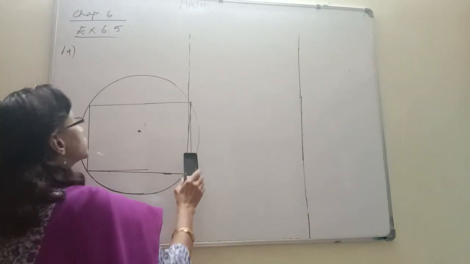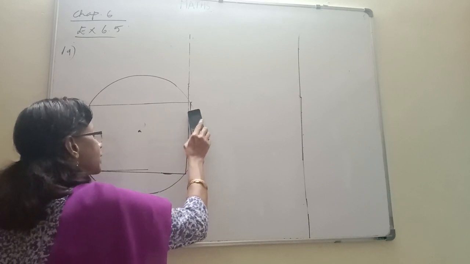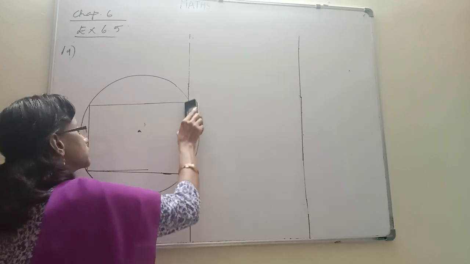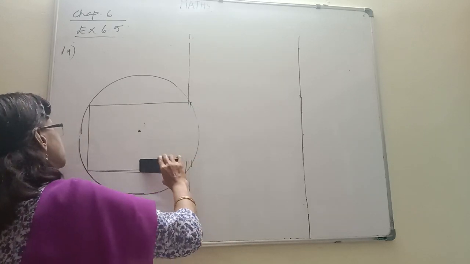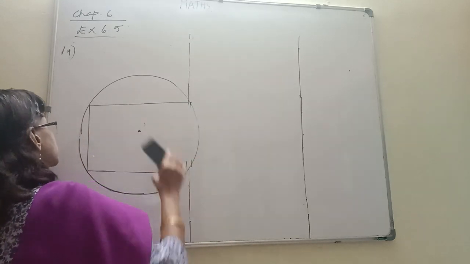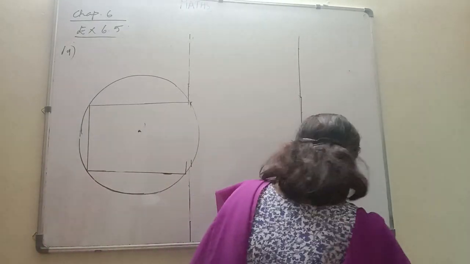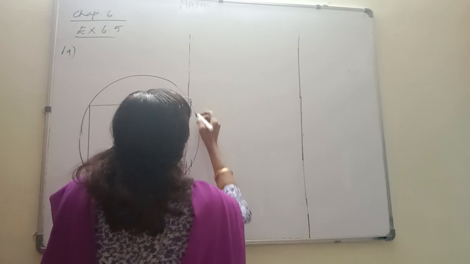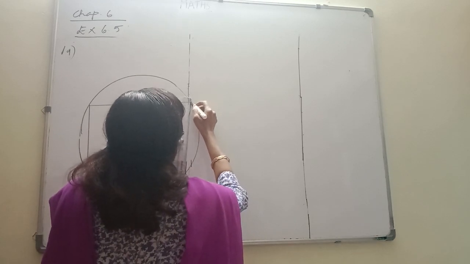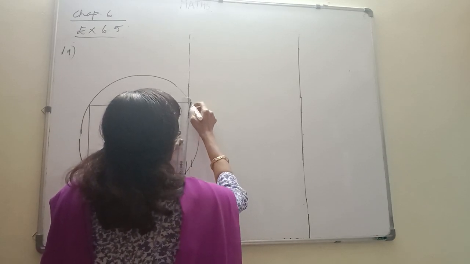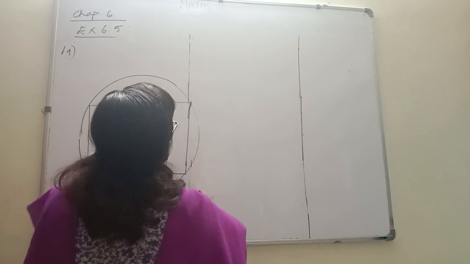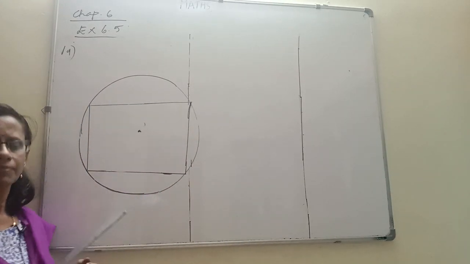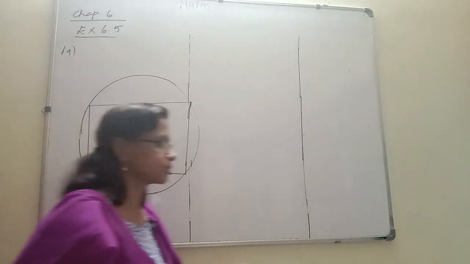You have a circle and you have a rectangle inside that circle. Let's have the radius as some r that doesn't change.